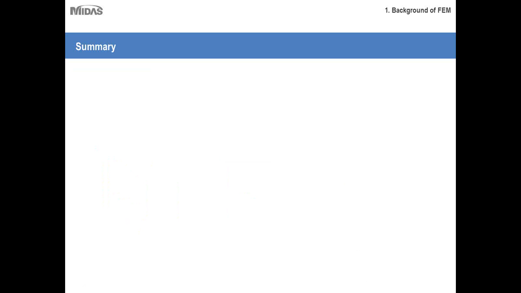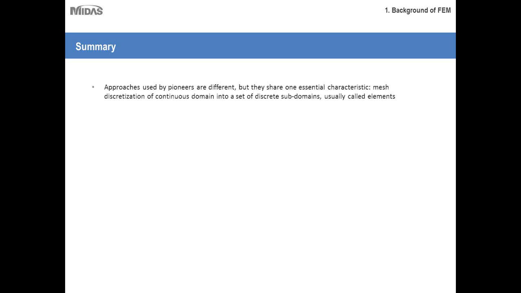So let's go over the points that we learned in this particular chapter. The approaches used by pioneers are different, but they share one essential characteristic, which is mesh discretization of continuous domain into a set of discrete subdomains, usually called elements.